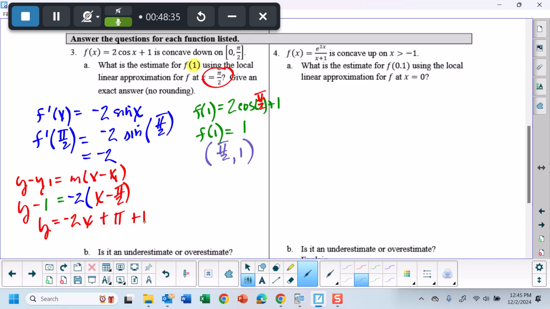So that output value, if I'm estimating for this, is going to be y is about equal to, and I can use this equation, negative 2 times 1 plus pi plus 1. So my y is going to be about equal to negative 2, so that's negative 1 plus pi. Is this concave down? That's an overestimate.